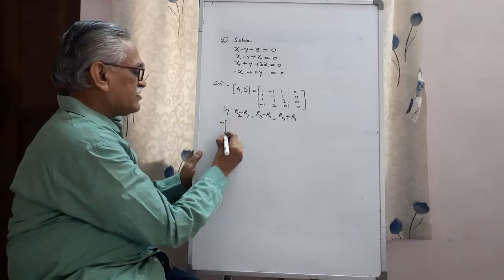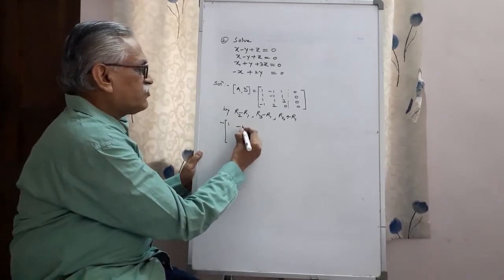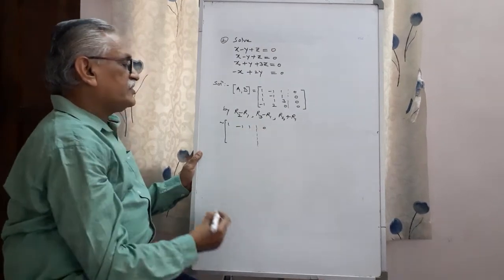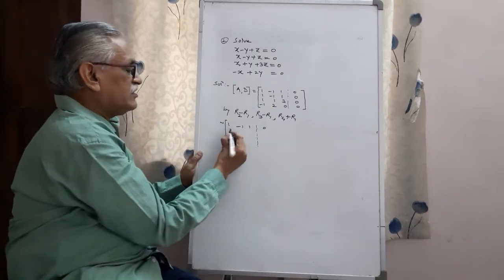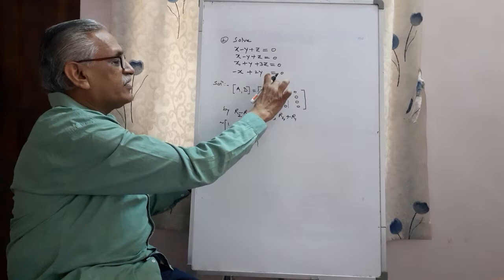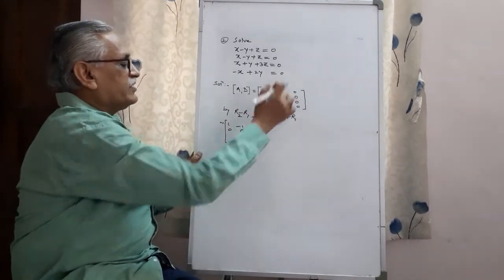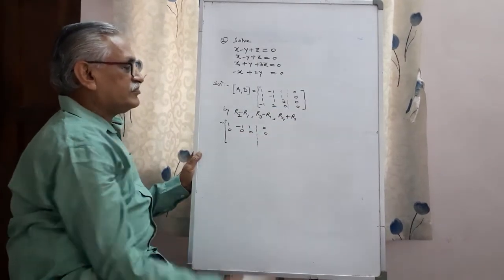If we apply this, first row no change, 1 minus 1, 1, 0. Then performing R2 minus R1: 1 minus 1, 0, minus 1 minus of minus 1, minus 1 plus 1, 0, 1 minus 1, 0, 0 minus 0, 0.